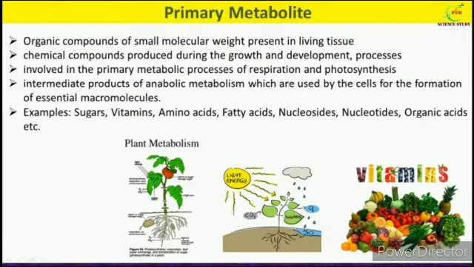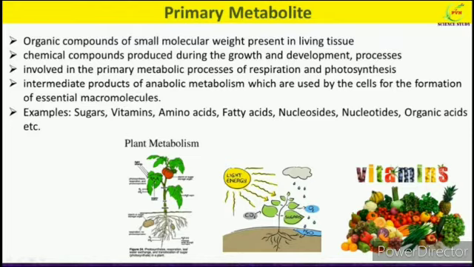Primary metabolites are the organic compounds of small molecular weight present in living tissue. Chemical compounds produced during the growth and development process, involved in the primary metabolic processes of respiration and photosynthesis.